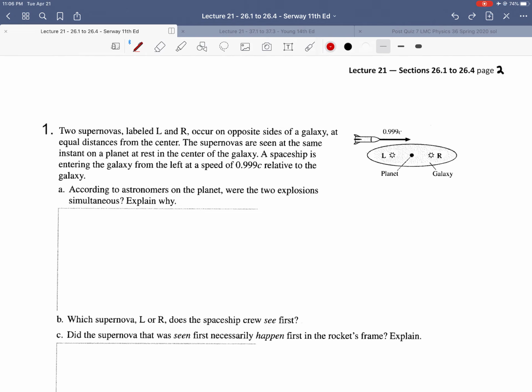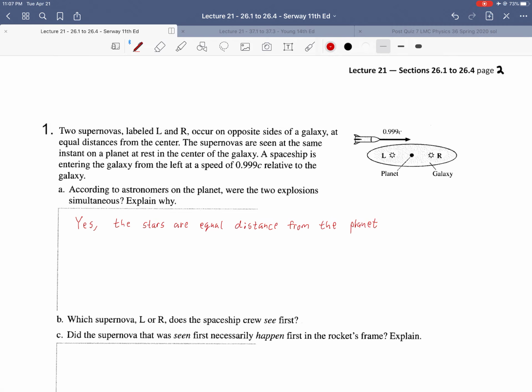Explain why. Well, yes. But why? Maybe our intuition tells us that. Well, the stars are equal distance from the planet. So the light from those two events of the supernovas would take the same amount of time to travel from each.